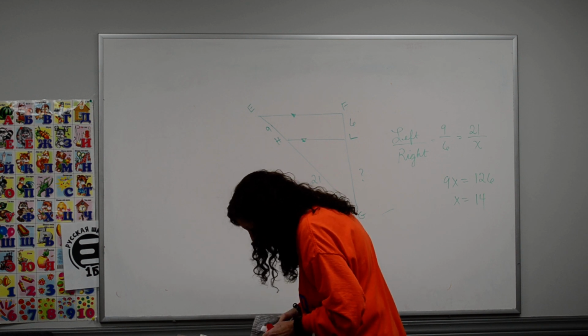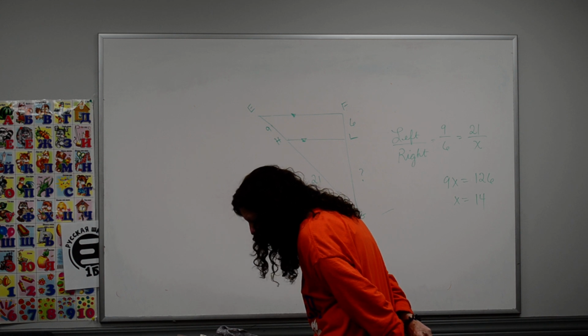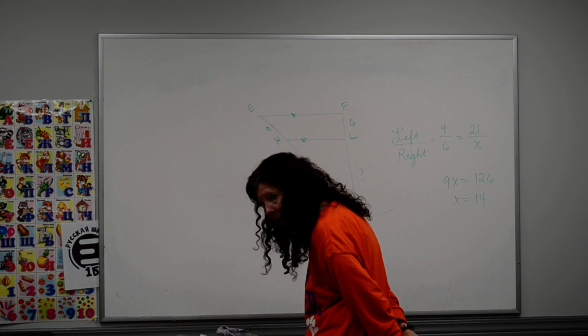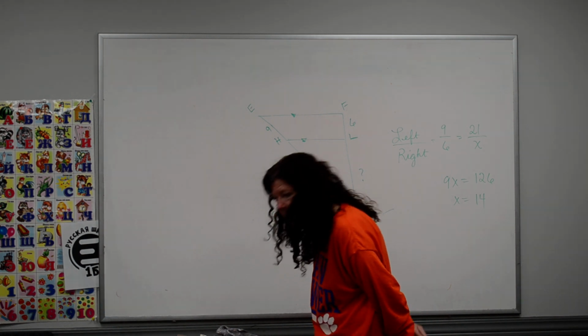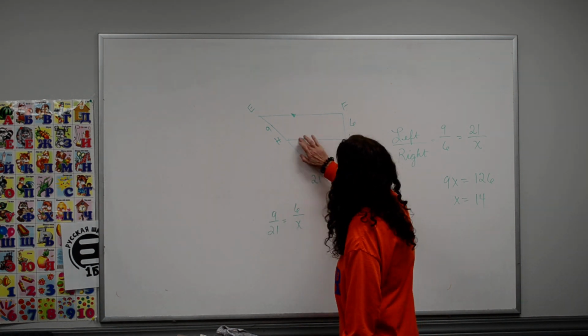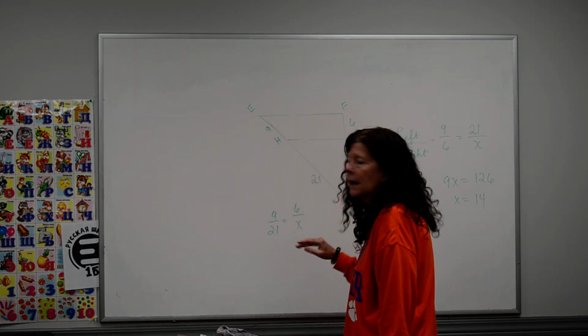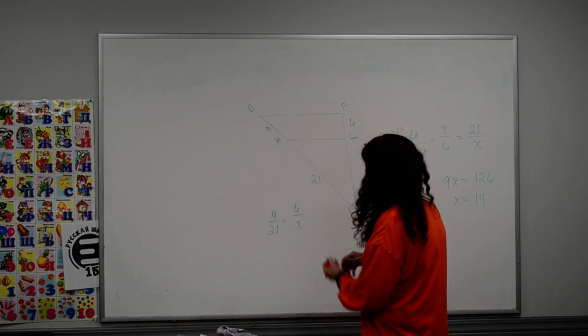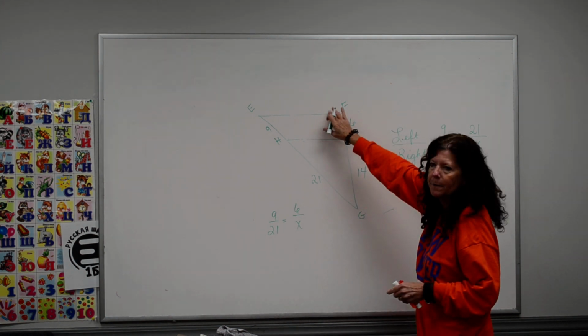The reverse of this is true. If a line intersects two sides of a triangle and separates the sides into corresponding segments of proportional length, then the line's parallel to the third side. In other words, if they didn't tell me that this line was parallel and I knew that this was 14, I could go, I want to know if that's parallel to that.